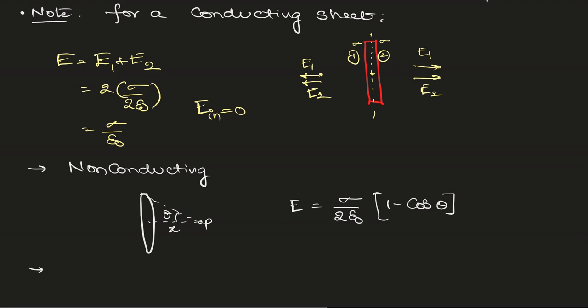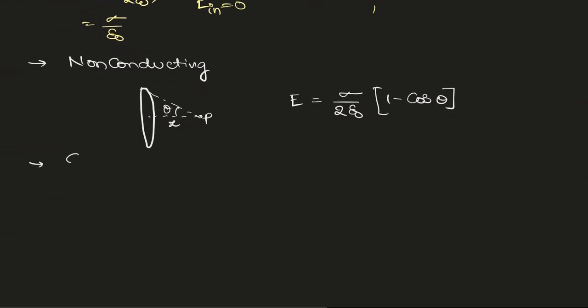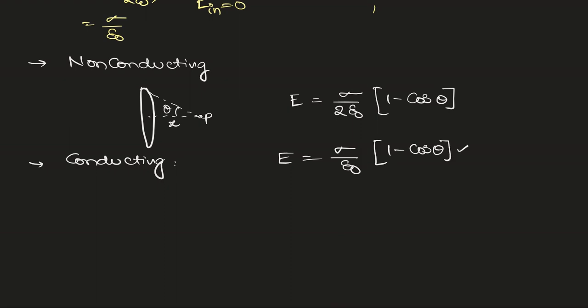And if it is a conducting one, then electric field will be equal to sigma by epsilon naught into 1 minus cos theta. So you can expect some questions also based on this.